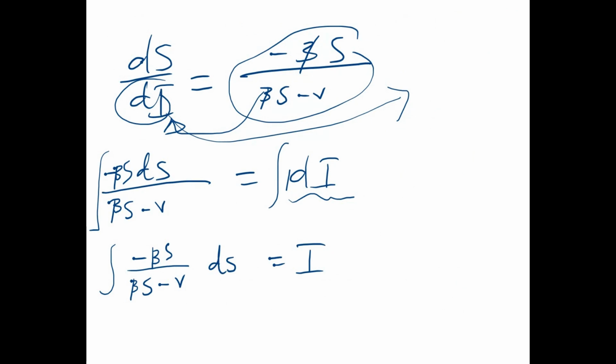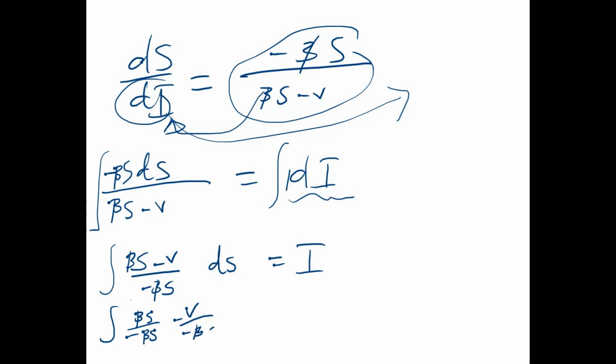So we've got, let me just fix here, beta S minus v over minus beta S. Each one can be written now in terms of the denominator, beta S over minus beta S, minus v over minus beta S, and then dS.